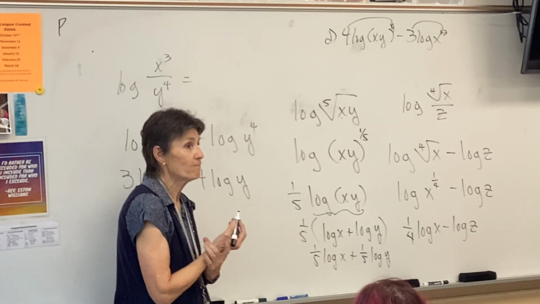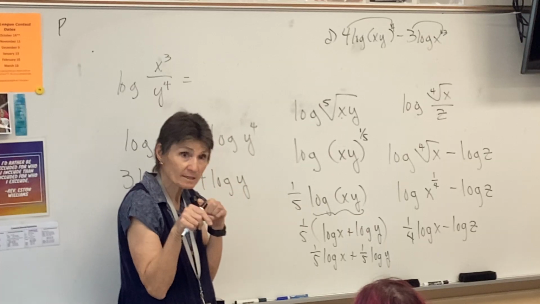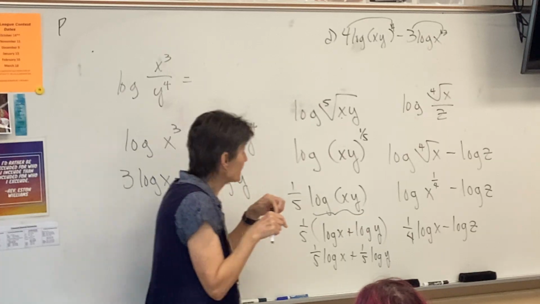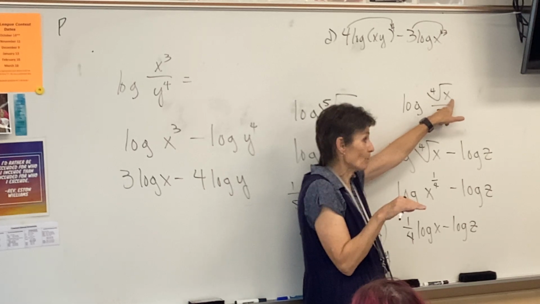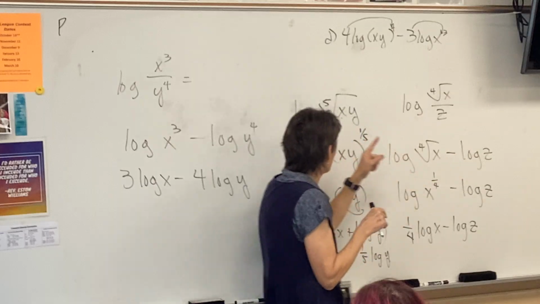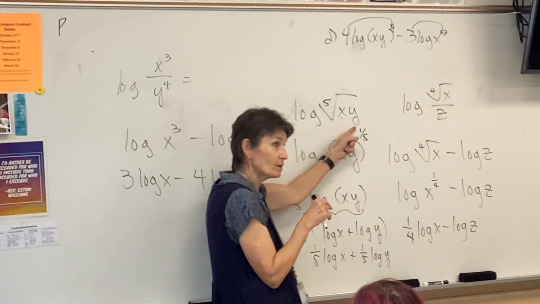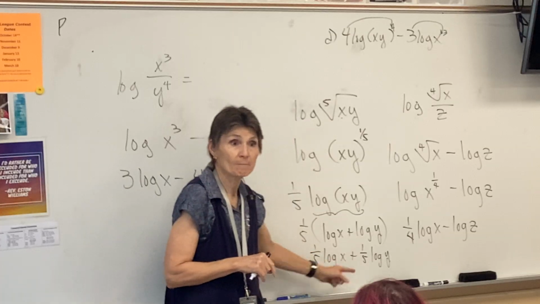Notice that the 1/4 is only hooked to the X, because in the original problem, the only thing under the radical was the X, as opposed to this problem where they were both under the radical, so they both ended up with a 1/5.